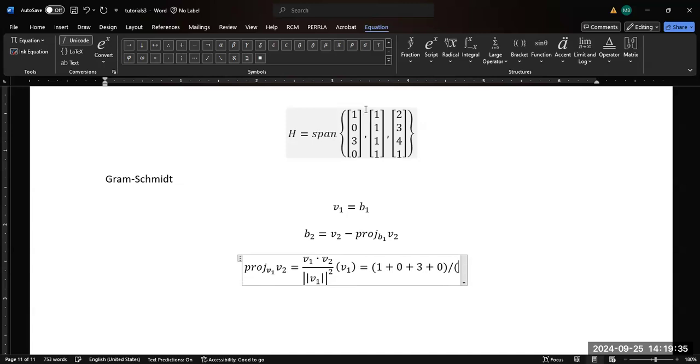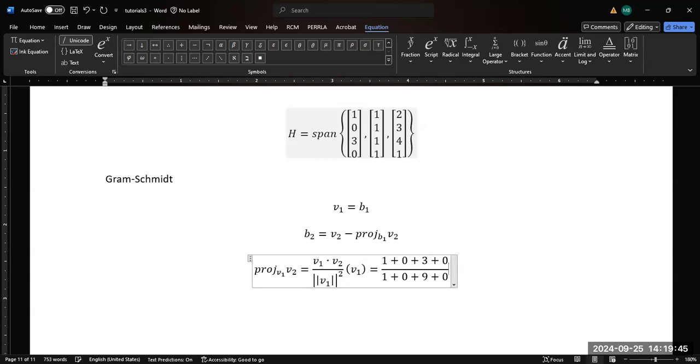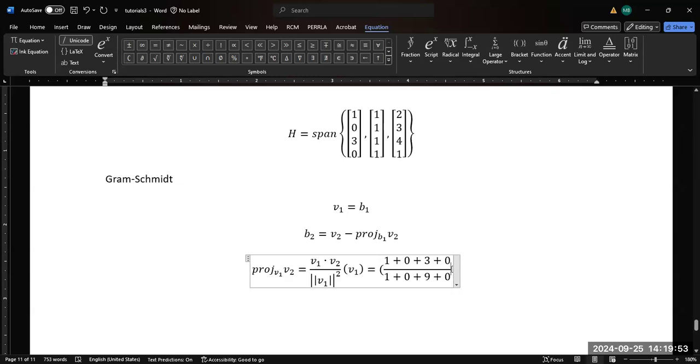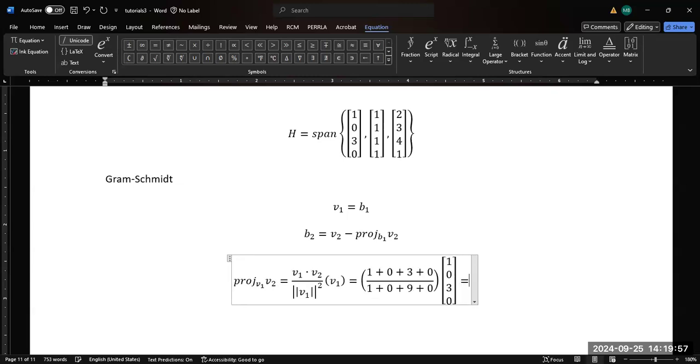And then in the denominator, squaring everything, 1, and then adding them up, 1 plus 0 plus 9 plus 0, and then times our original vector. Again, we'll put parentheses around this to remind us that this is a constant and this is a vector.